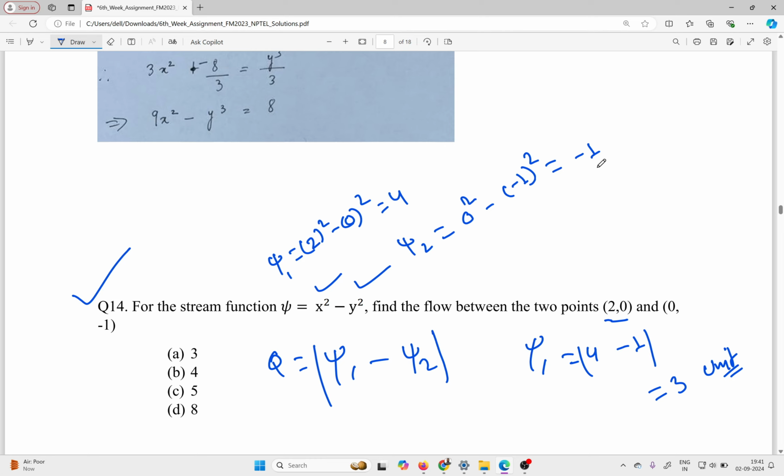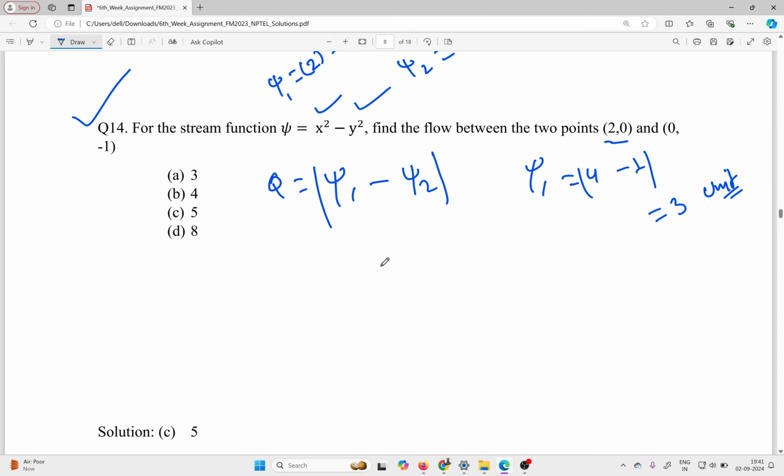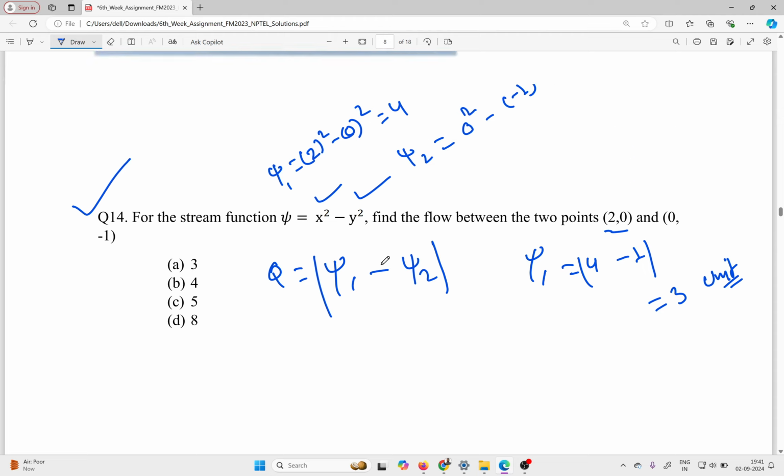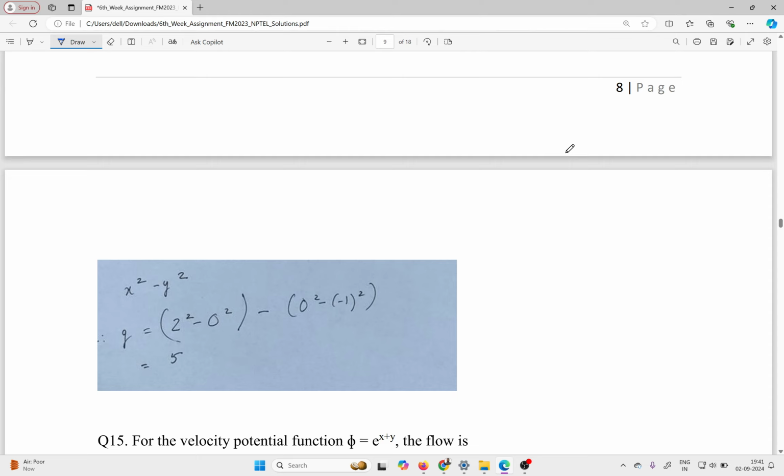Very easy, but remember such type of questions. Here minus is already given. If it is minus 1, answer 5 I think is wrong, because here it will come 4, yes minus, okay minus in between.